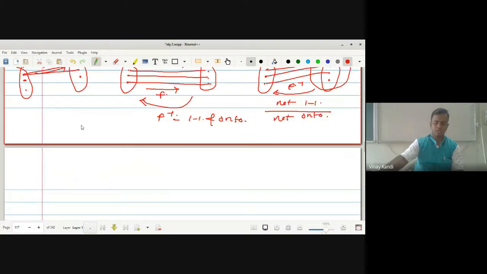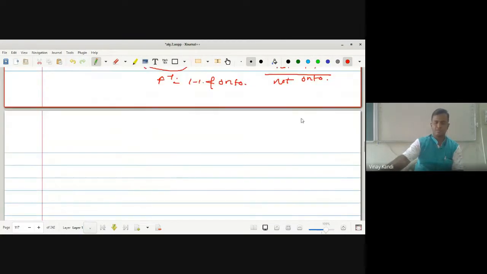Now to prove that F inverse is also an automorphism of K, we have to show that two conditions hold for F inverse.